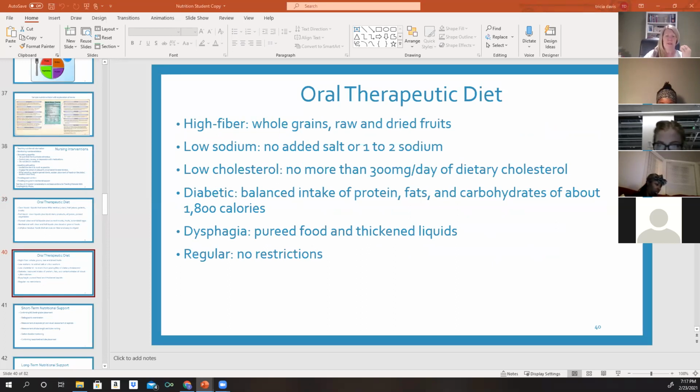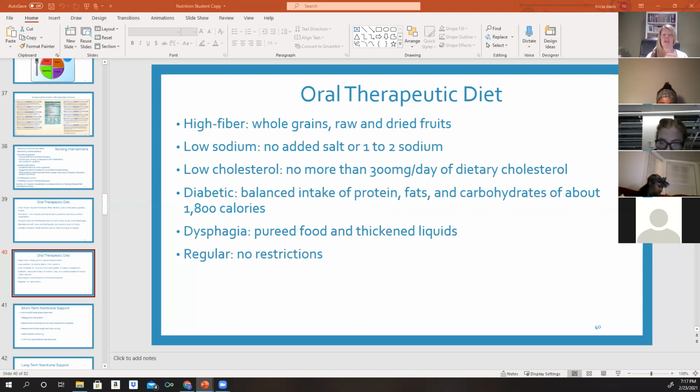So our high fiber diets, those are diets that have whole grains, raw and dried foods. We use high fiber diets to help treat constipation. Patients that have irritable bowel syndrome or diverticulosis also follow a high fiber diet. Low sodium, so this is no salt added or 1 to 2 grams of sodium.